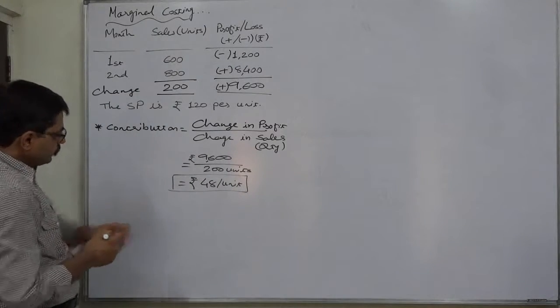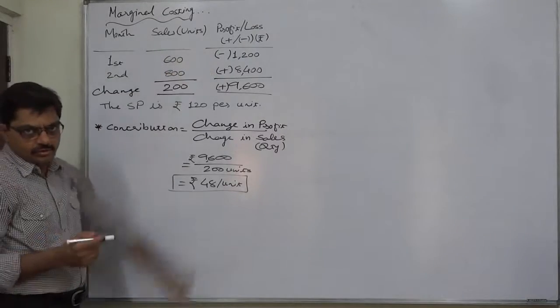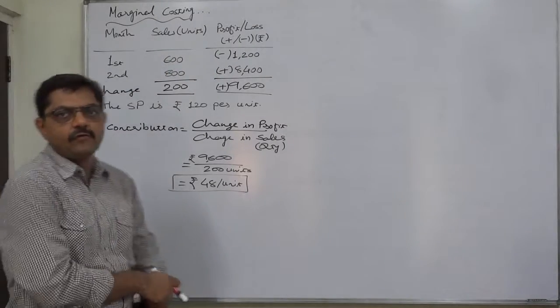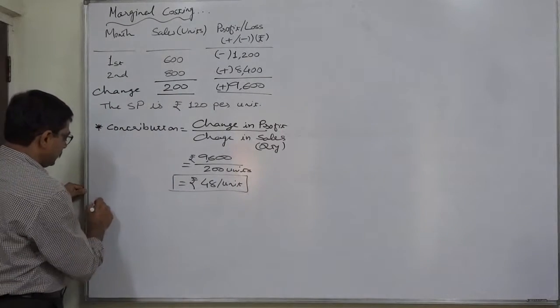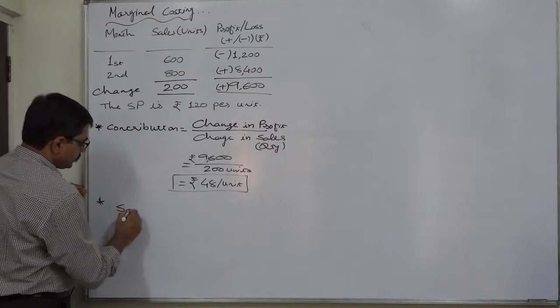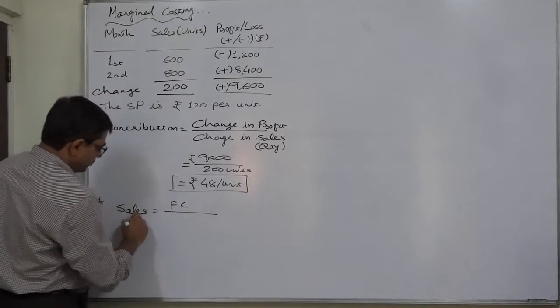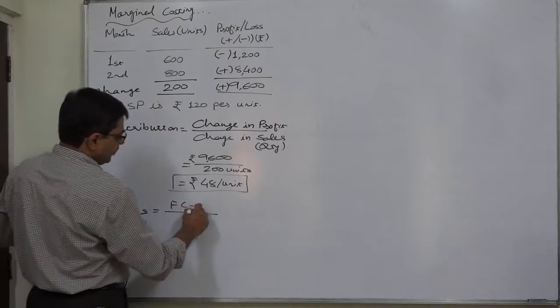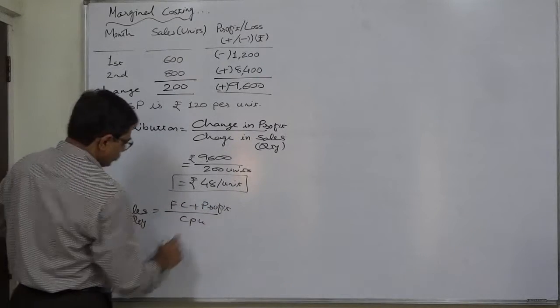Now we have contribution per unit, sales quantity as well as profit or loss. If we substitute all these in the formula of sales, we can have the fixed cost. So let us calculate fixed cost through the formula of sales. Sales quantity equals to fixed cost plus profit or minus loss divided by contribution per unit.